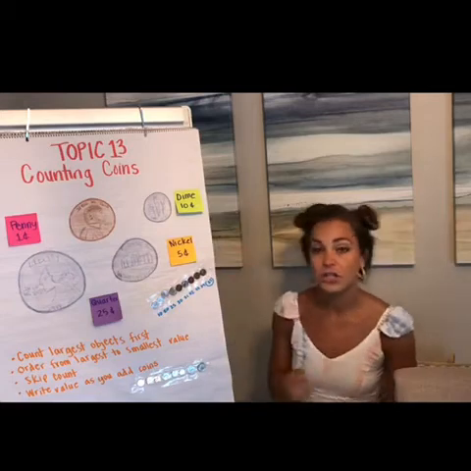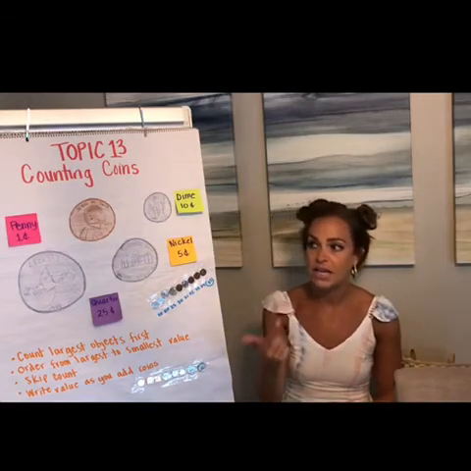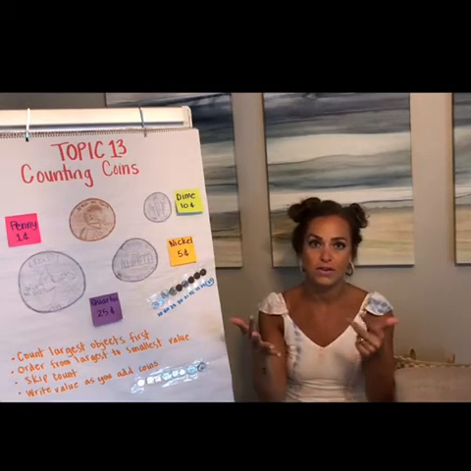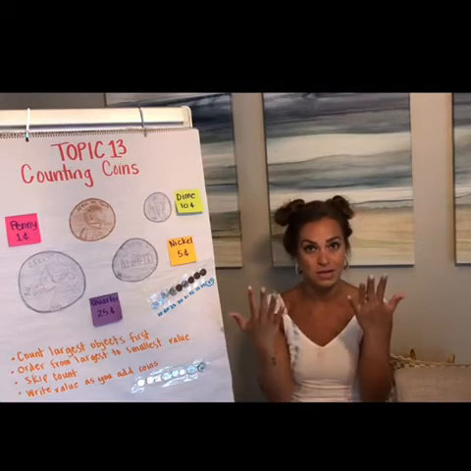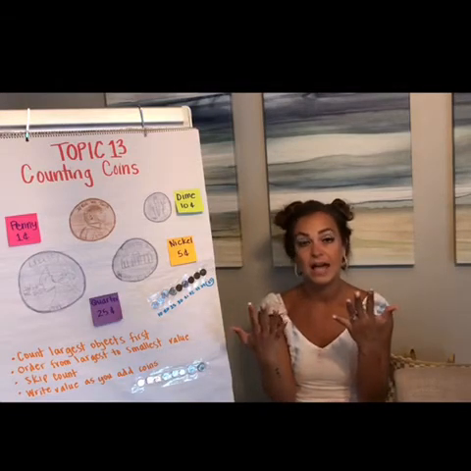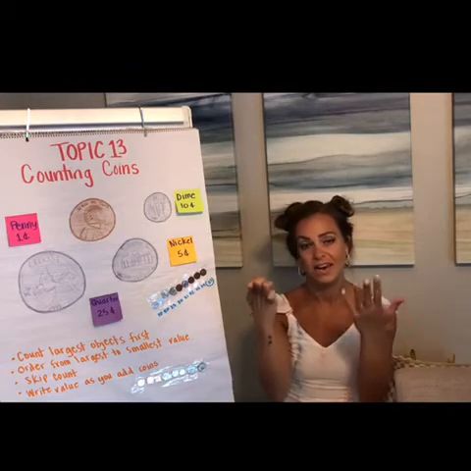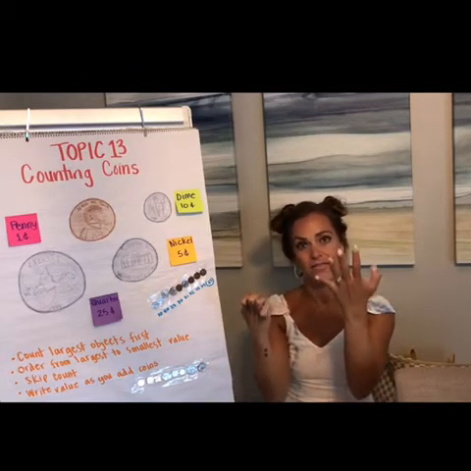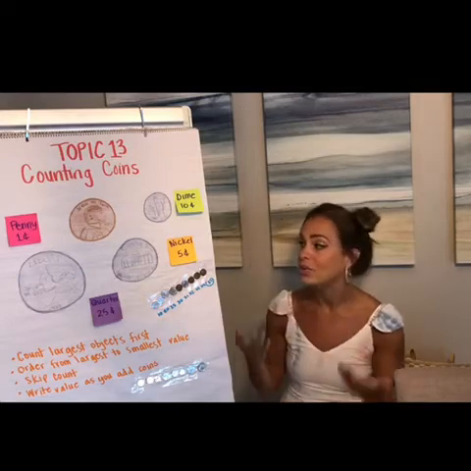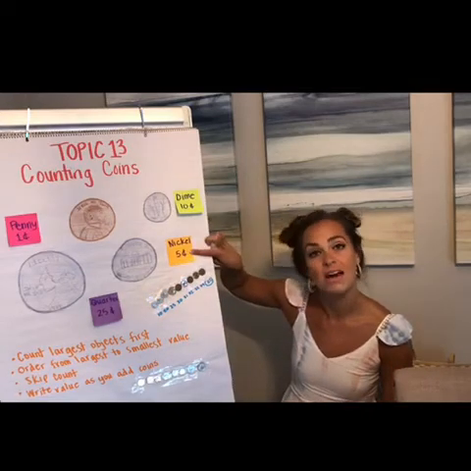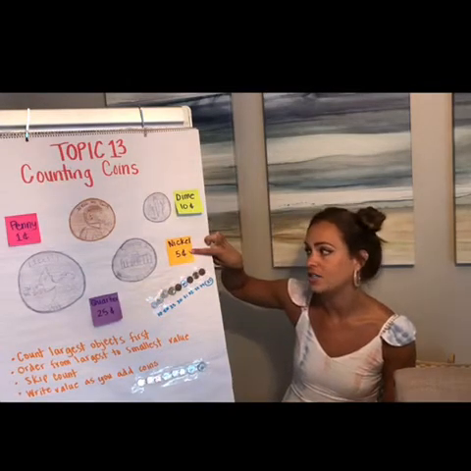For nickels, you're going to skip count by 5. So 5, 10, 15, 20, 25, 30, 35, 40, 45, 50. So I need 10 to equal 50, and then 55, 60, 65, 70, 75, 80, 85, 90, 95, 100. So 10 plus 10, you need 20 nickels to equal $1.